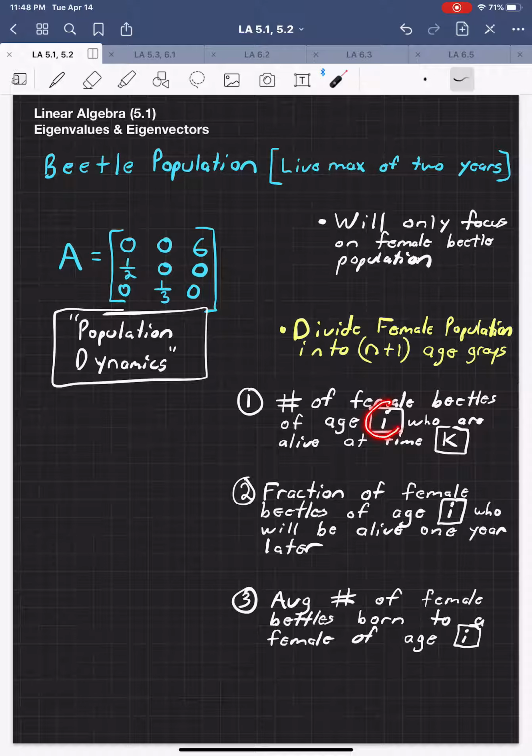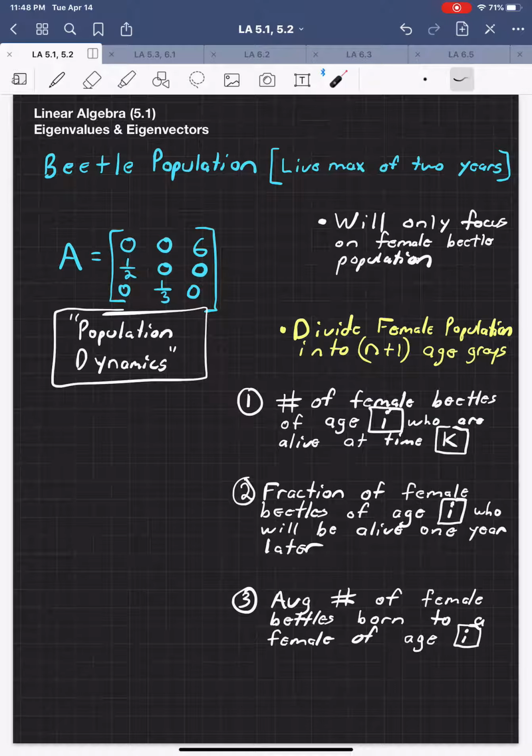The age that you choose is i. Let's pretend that's 1 year. So the question is, what is the number of female beetles that have an age of 1 who are alive at time k? You would have to go through and figure out of all those female beetles, how many of them have an age of i.